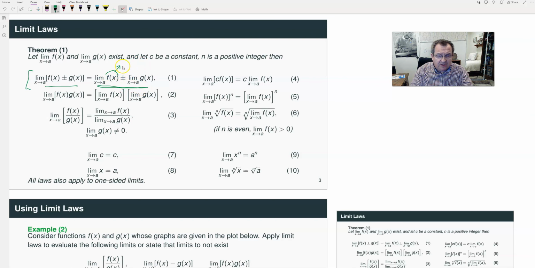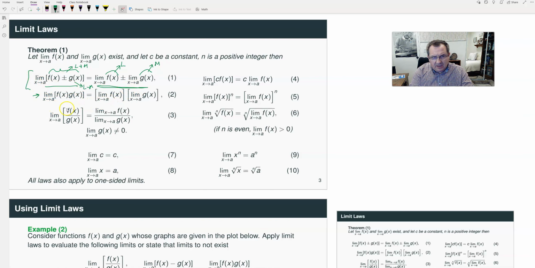So if we know that function f is approaching value L and function g is approaching value M, then it is expected that their sum will approach value of L plus M, and their difference will approach value of L minus M. That can be observed on the graph, that can be observed from what we know about functions. Therefore, these laws are very, very intuitive.